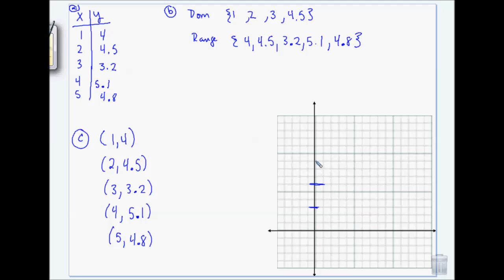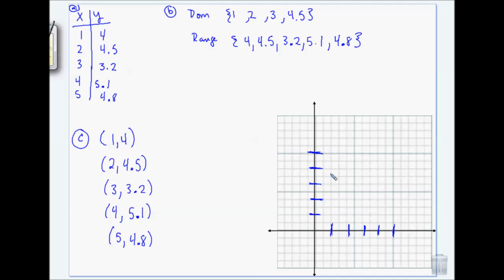I'm going to do 2. 1, 2, 3, 4, 5. Because we do go over 5 there. So now I'll do the same thing this way. 1, 2, 3, 4, and 5.